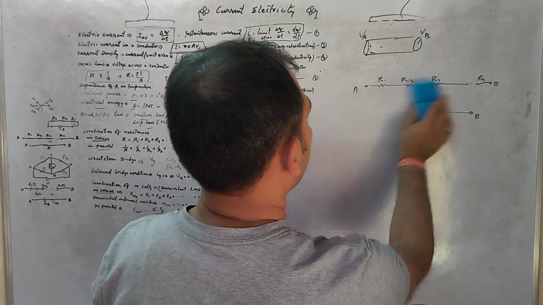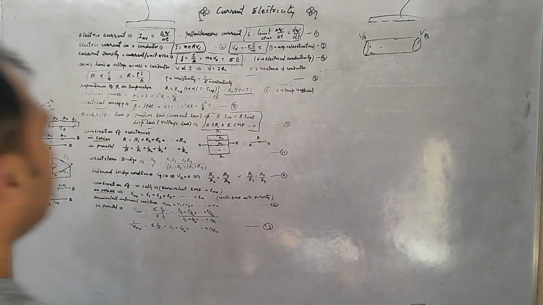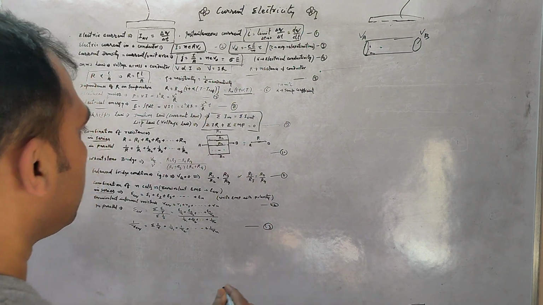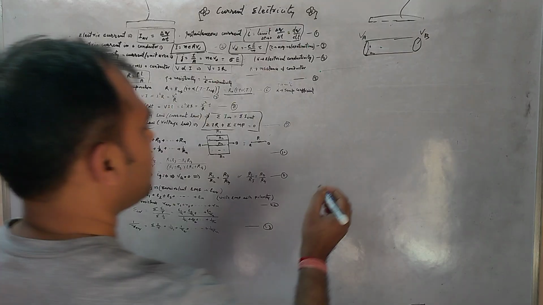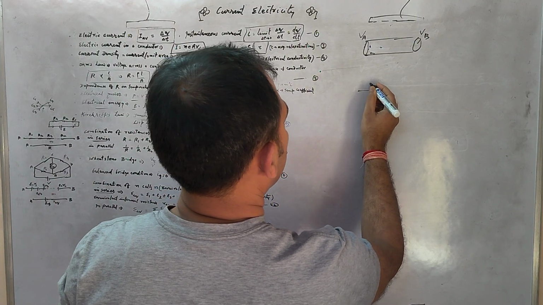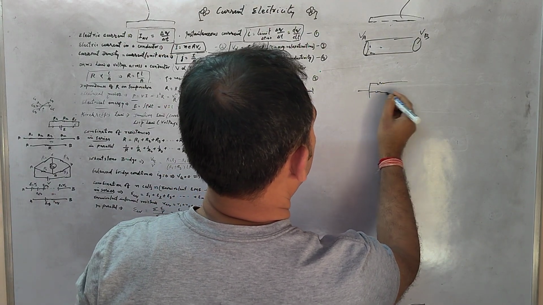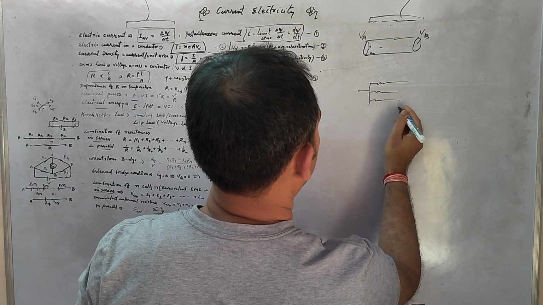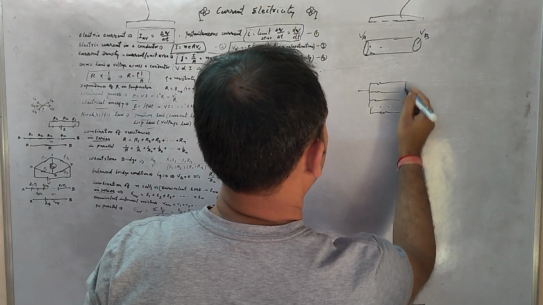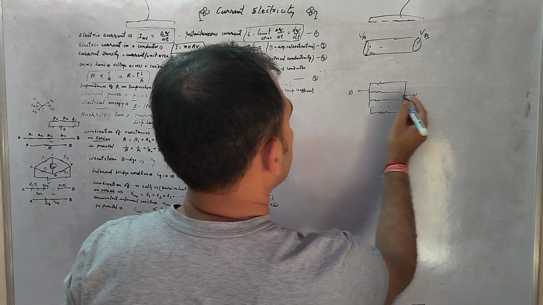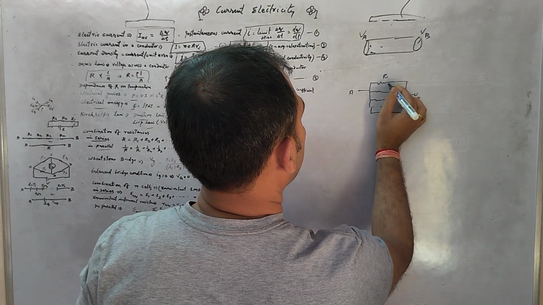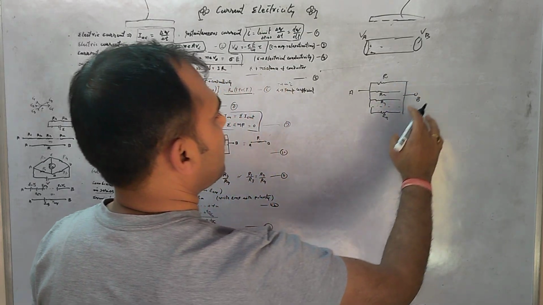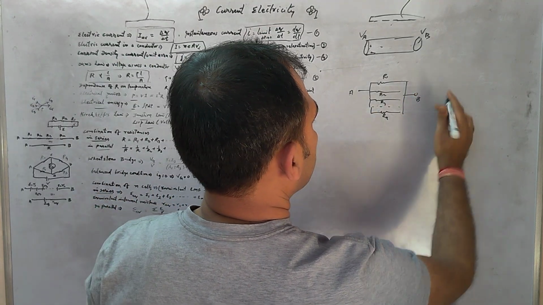Now if resistances are in parallel combination, here it is A, here it is B, with R1, R2, R3, Rn. This is a parallel combination of resistances.